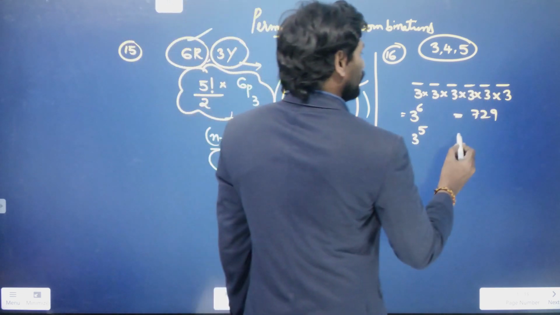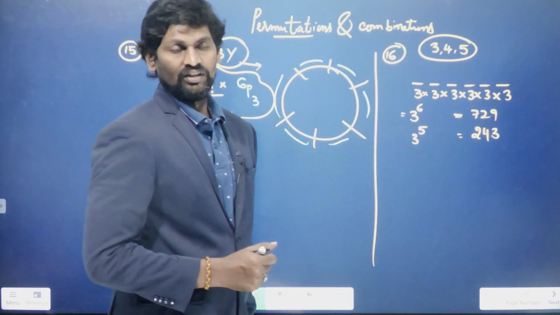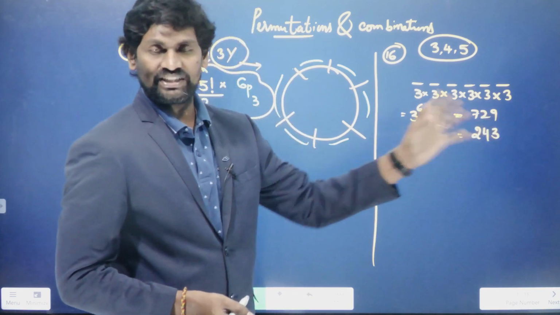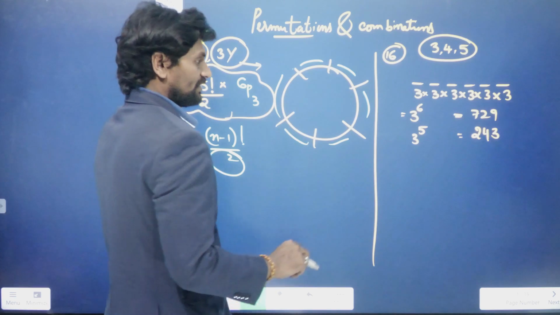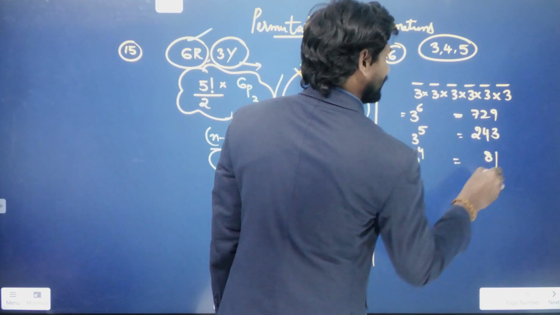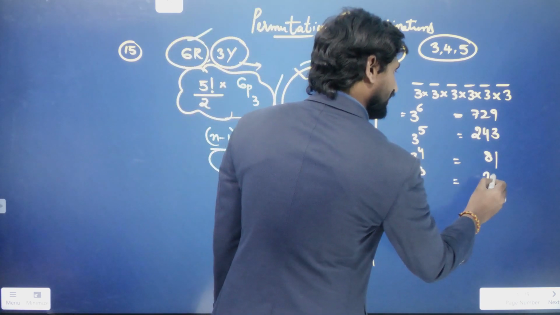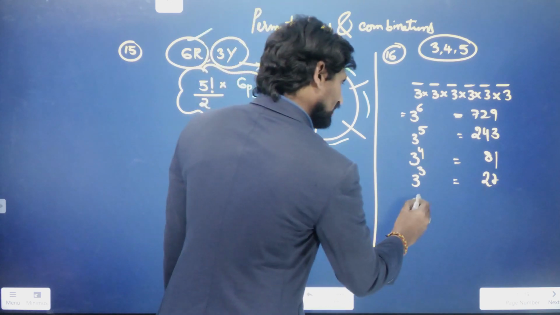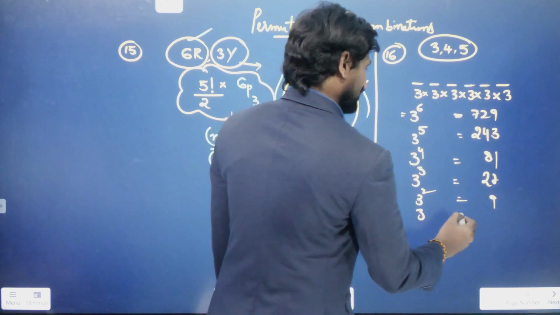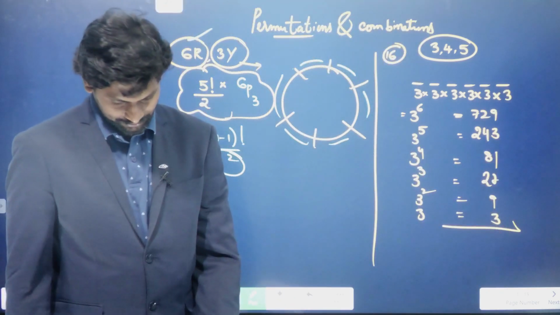So 3 power 5. 3 power 5 value is 243: 3 into 3 is 9, 9 times 3 is 27, 27 times 3 is 81, 81 times 3 is 243. Next, the 4-digit number, 3 power 4, that means 81. 3-digit number, 3 cube, 27. 2-digit number, 3 square, 9, and 1-digit number, 3 chances, that is equal to 3. When you add all of them, you will get the required answer.